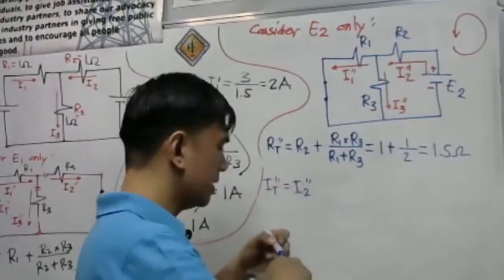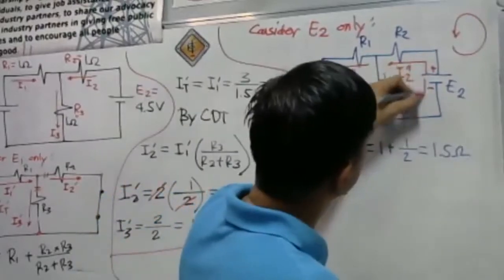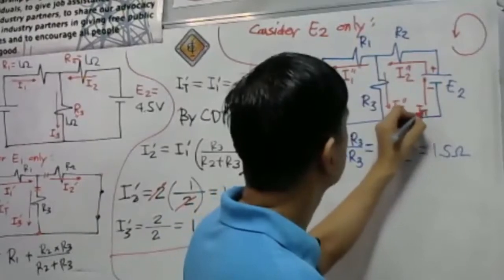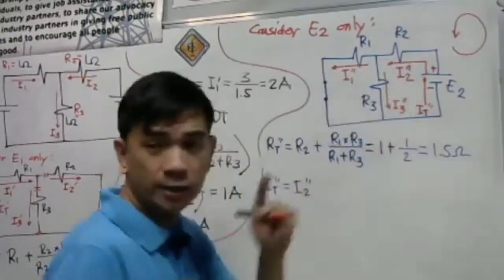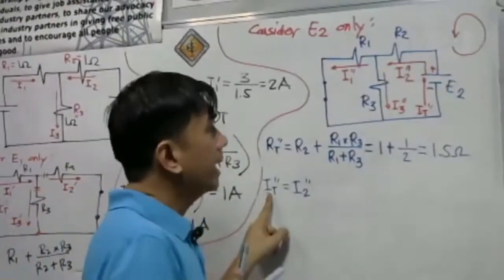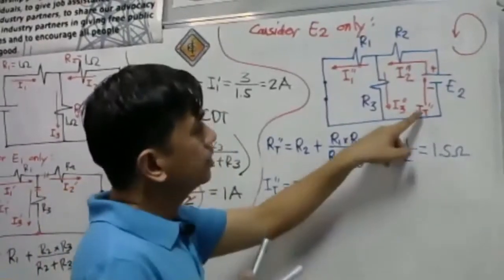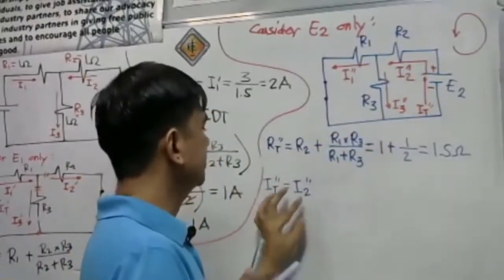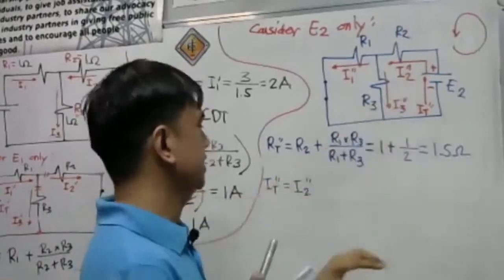So this is our I total double prime, which is simply equal to I2 double prime.